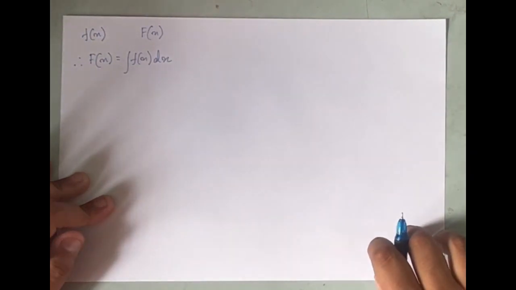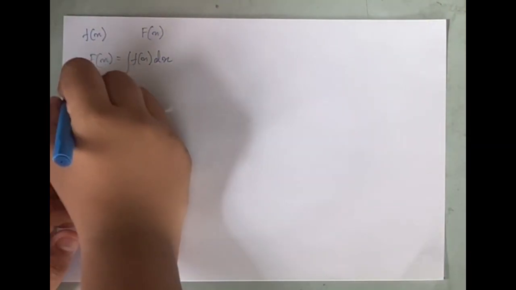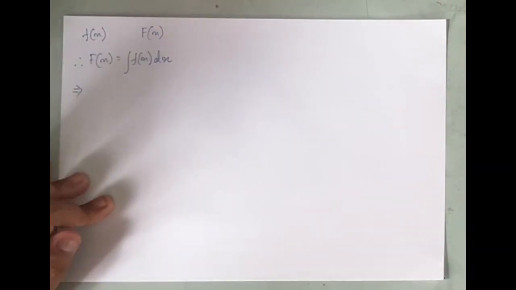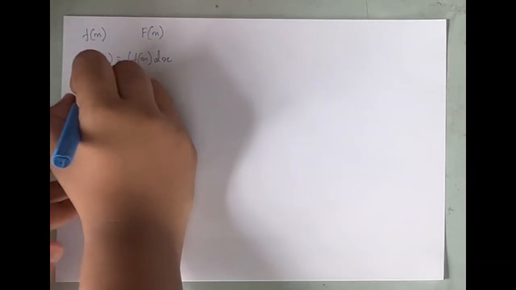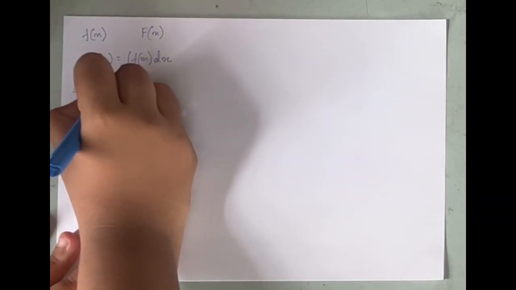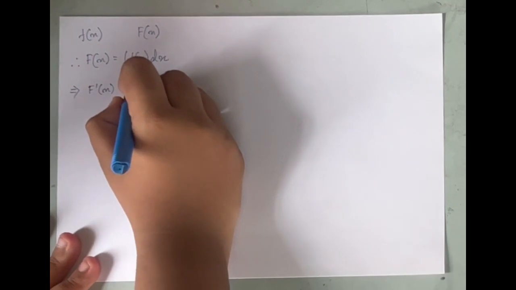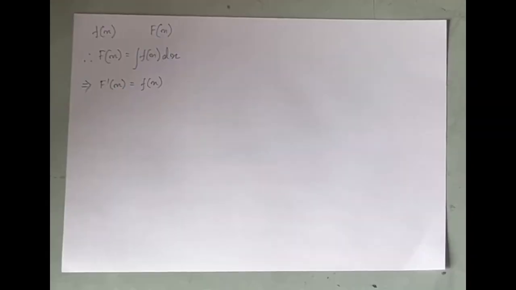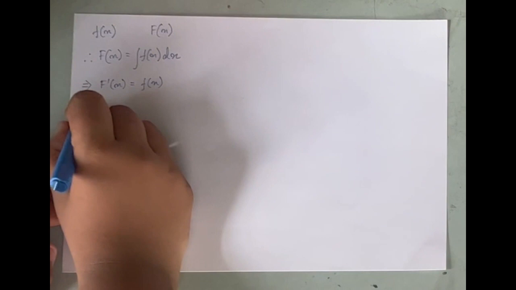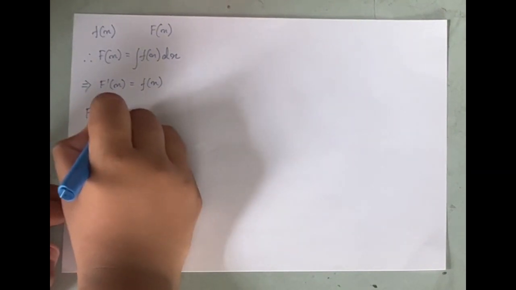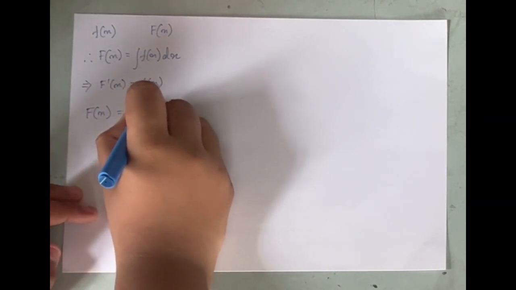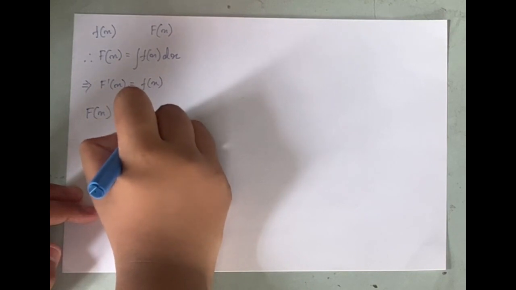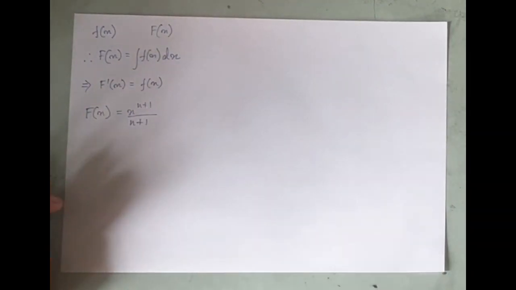That means if we differentiate capital F(x), we will get small f(x), that is F dash x is equal to small f(x), right? I would like to use the same example, that is capital F(x) is equal to x to the power n plus 1 by n plus 1. Okay, this is capital F(x).